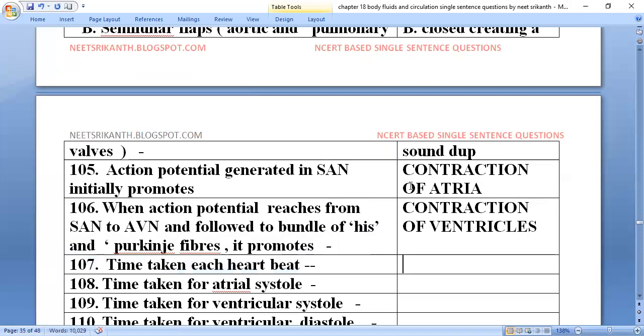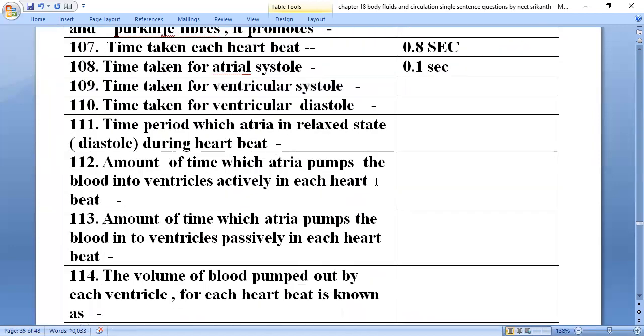Time taken for each heartbeat is 0.8 seconds. Time taken for atrial systole, 0.1 second. Time taken for ventricular systole, 0.3 seconds. Time taken for ventricular diastole, 0.5 seconds.